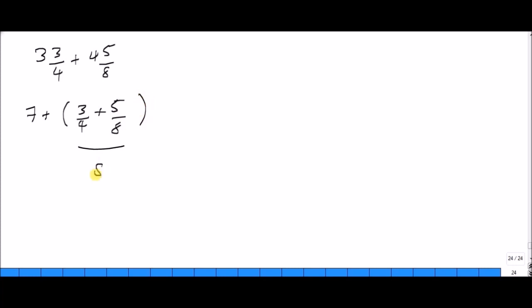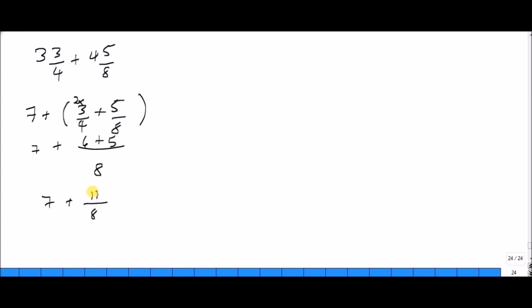LCM would be 8. 4 into 8 would go 2 times, so we would have 2 times 3, 6, plus 8 into 8 would go what? 1 time, 1 time 5, 5. So we would have 6 and 5 being 11 over 8, plus whatever is outside there being 7.